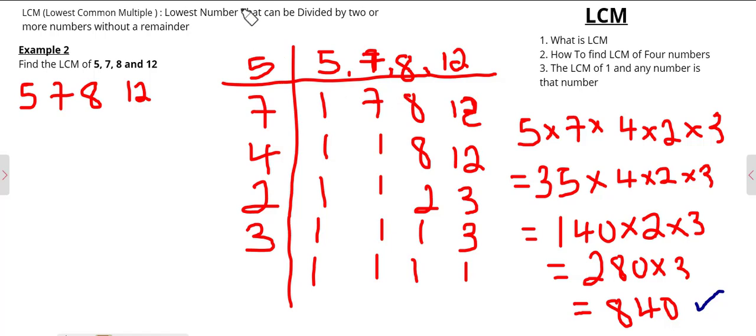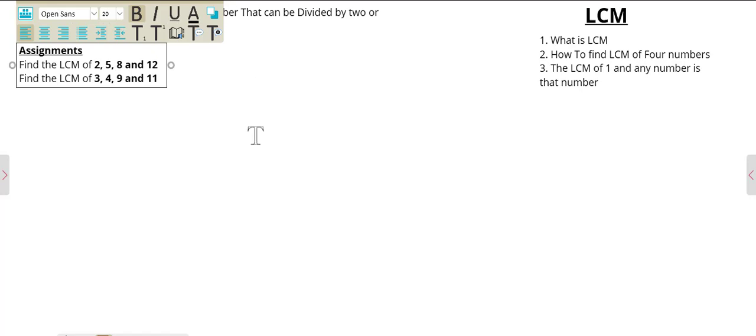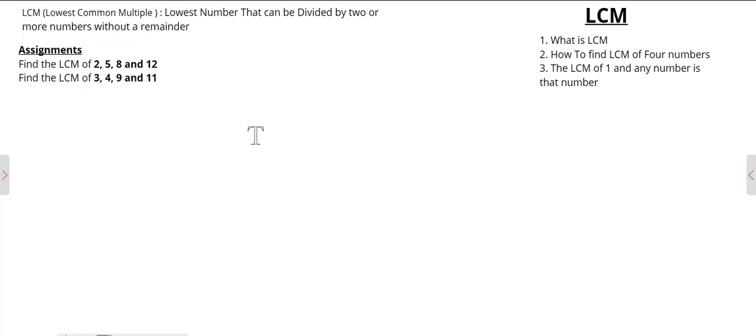So before we go, we have 2 assignments for you, an LCM of 4 numbers. Our assignments are just 2, just like we had when we were treating LCM of 2 numbers. The first assignment says we should find the LCM of 2, 5, 8 and 12. That is quite straightforward.